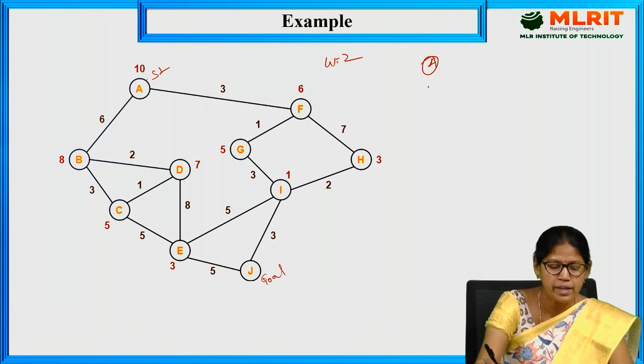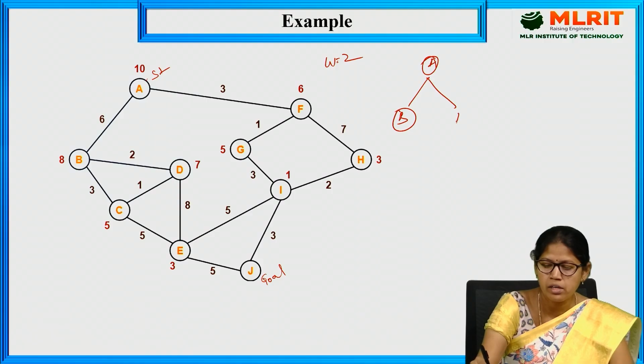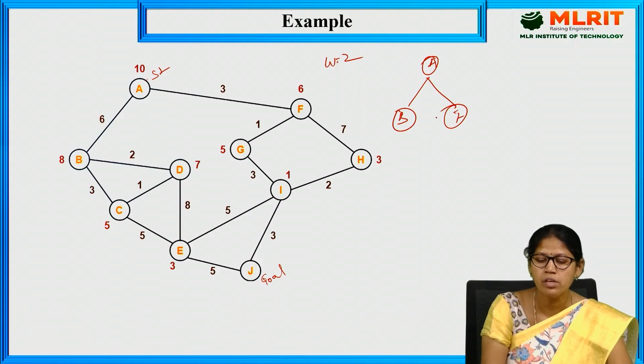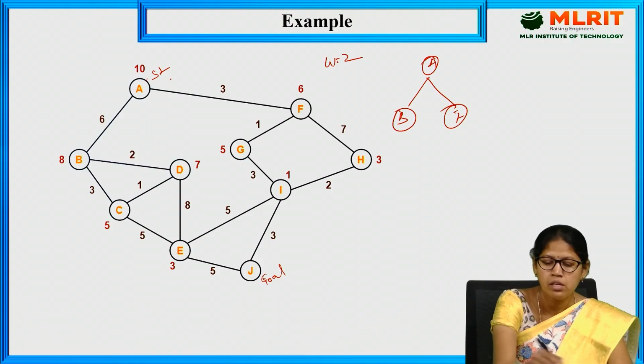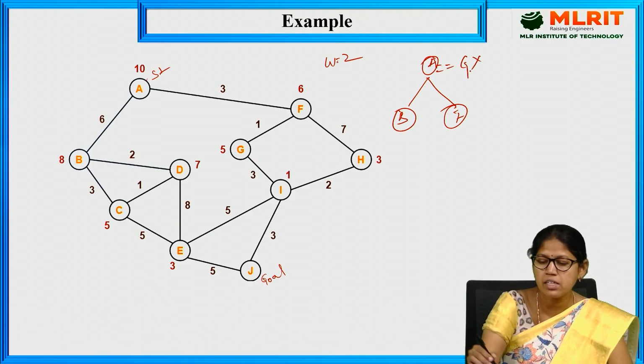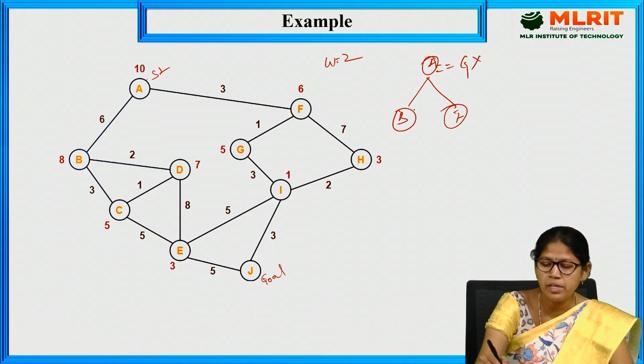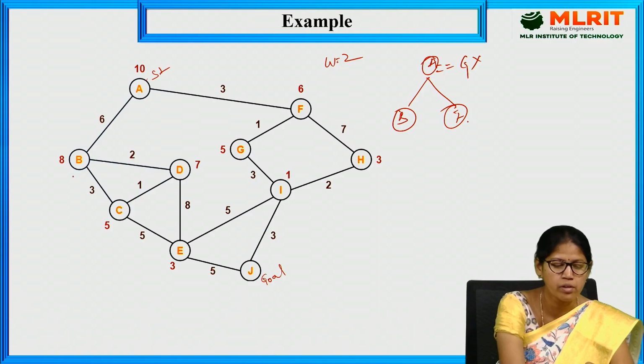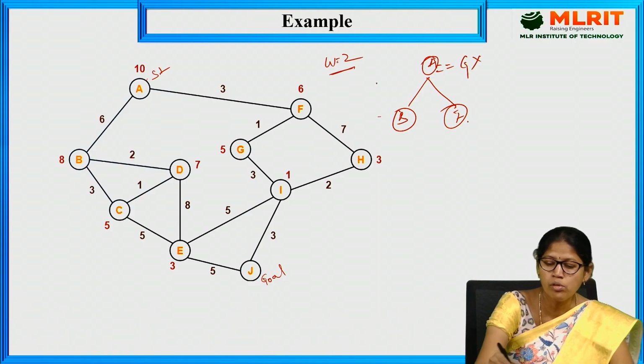A will be explored; B and F are the successors of A. A will be matched with the goal node. It is not the goal node. Then B and F will be explored. Again it will take the 2 best nodes, and A has only 2 successors, so both will be taken.